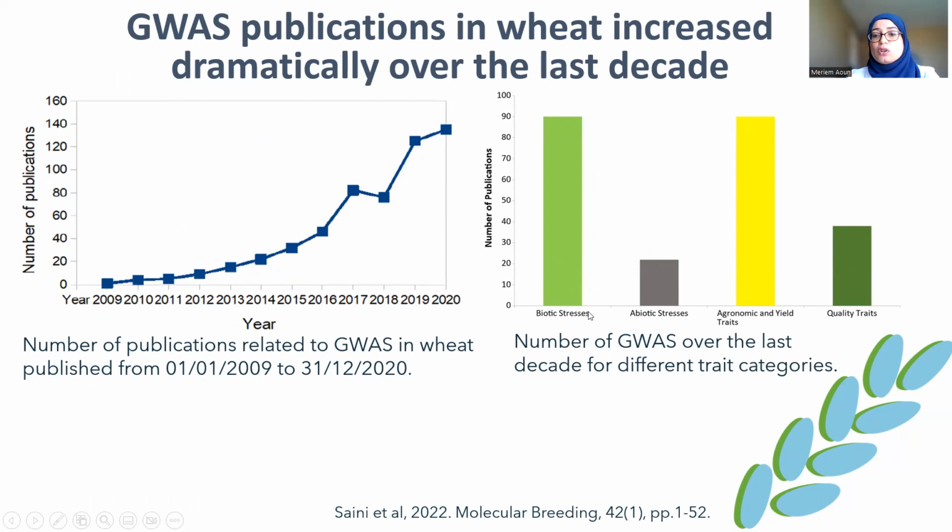And here are the number of these studies based on these trait categories: biotic stresses, abiotic stresses, agronomic and yield traits, and quality traits. But most of the studies were done for biotic stresses and agronomic and yield-related traits. For biotic stresses, half of these studies were done for looking for loci that are associated with rust resistance in wheat.